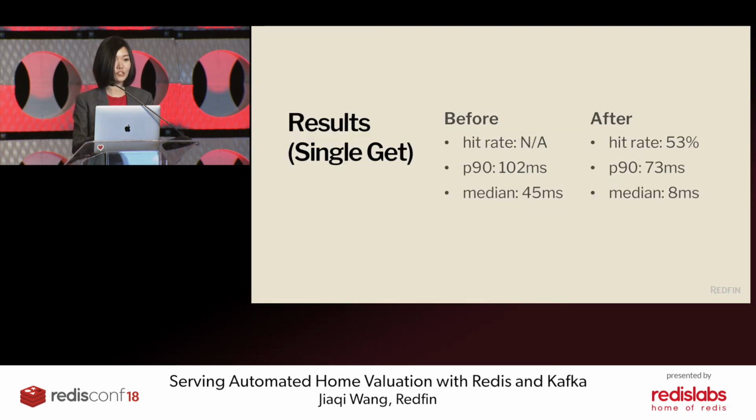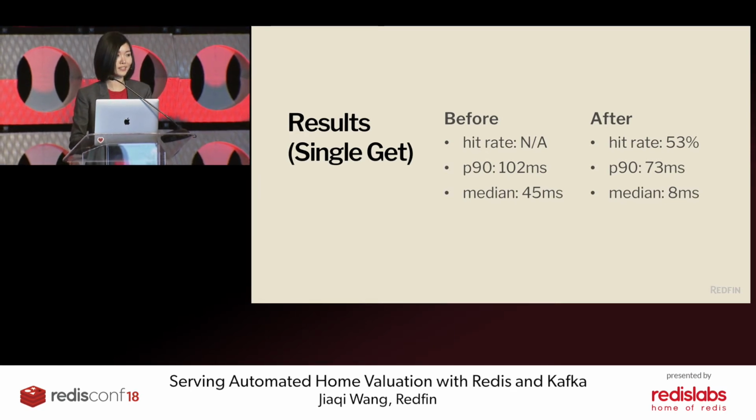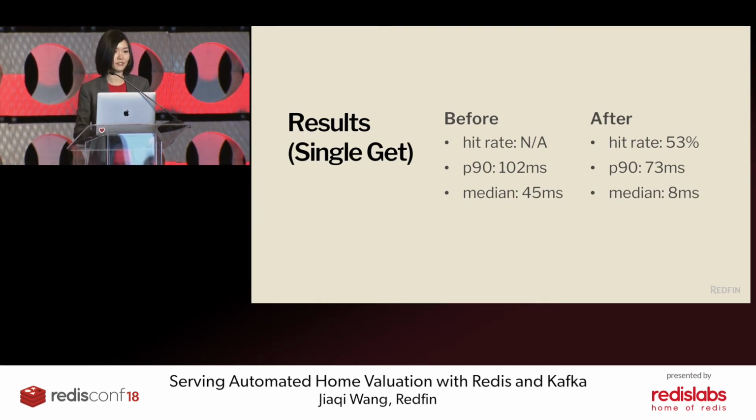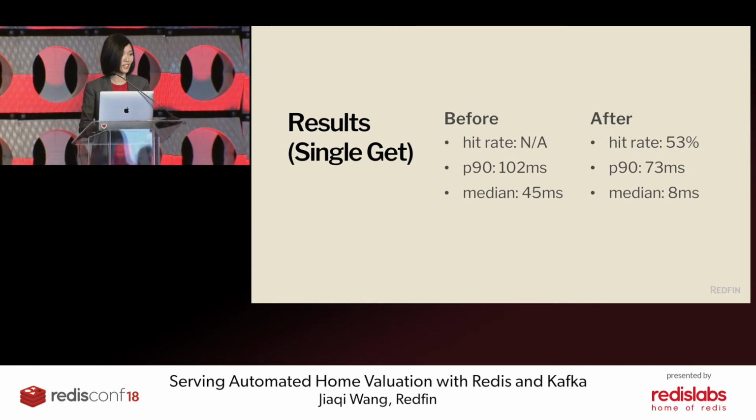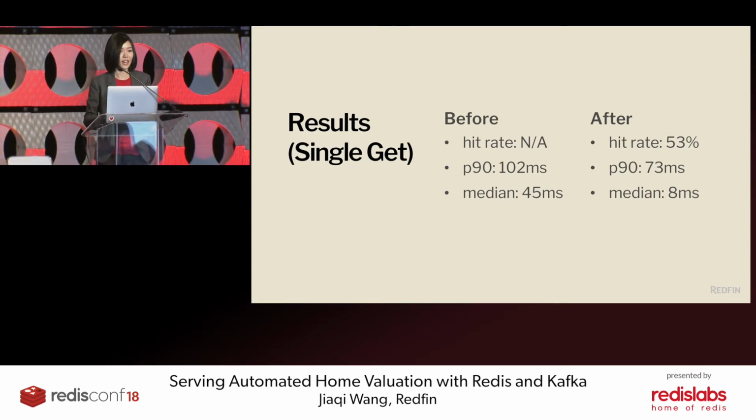So now let's take a look at the result for our single get case. As expected, we observed some perf gain, as well as a hit rate of about 53%. Remember that we're only caching the active homes for 5 minutes, and for the off-market ones, we're caching them for 4 hours.